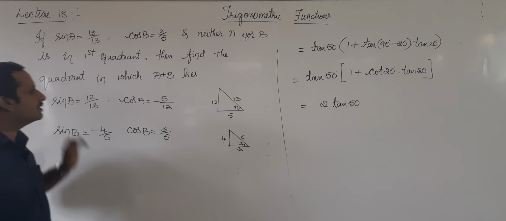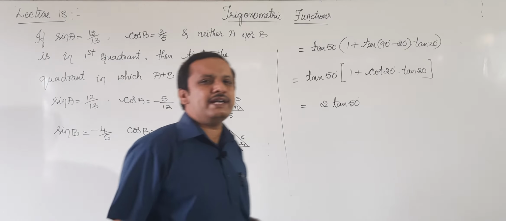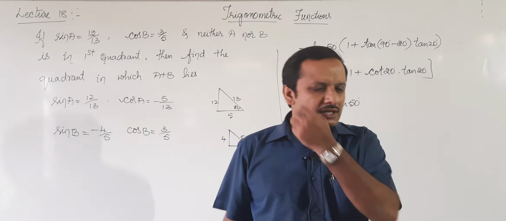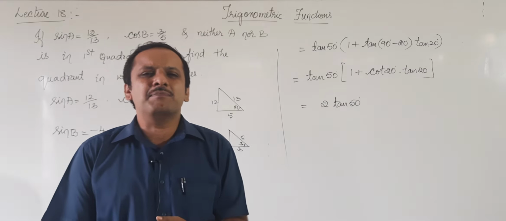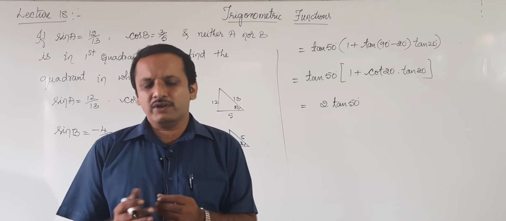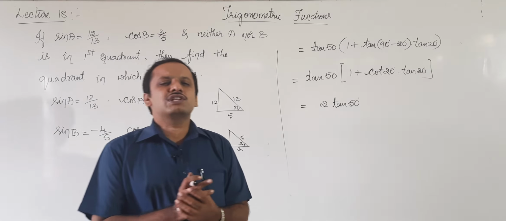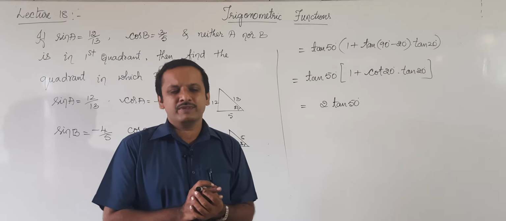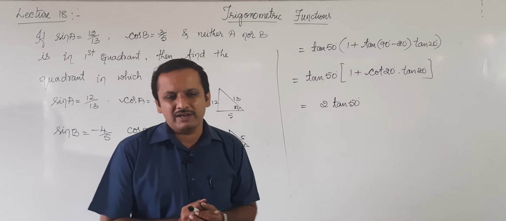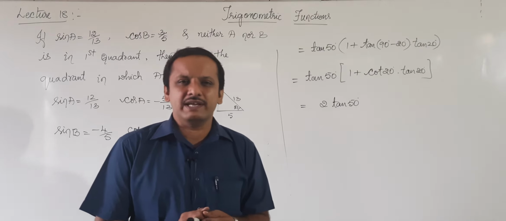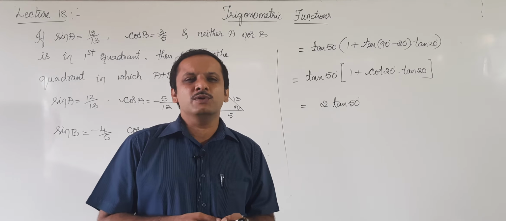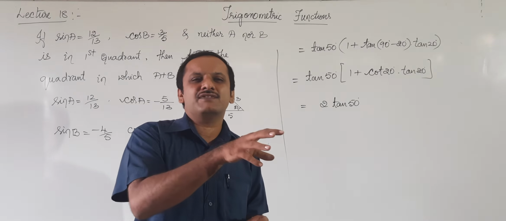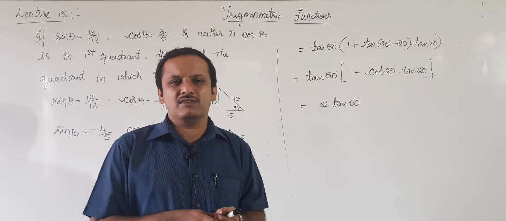Okay. Now the question is, find the quadrant in which A plus B lies. A is in 2nd quadrant, B is in 4th quadrant. Where does A plus B lie? For this, first we shall find out sin A plus B and check whether it is positive or negative. If sin A plus B is positive, A plus B is either in the 1st quadrant or in the 2nd quadrant.